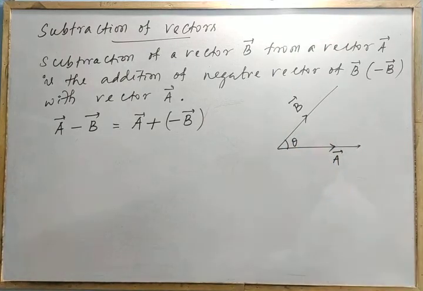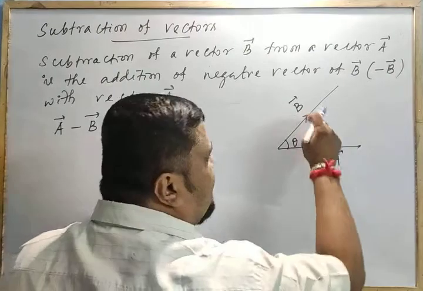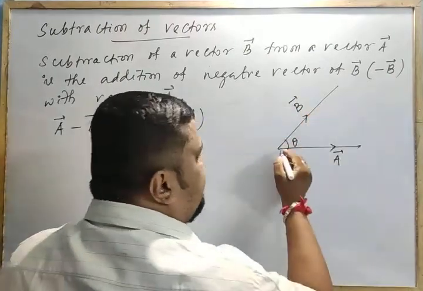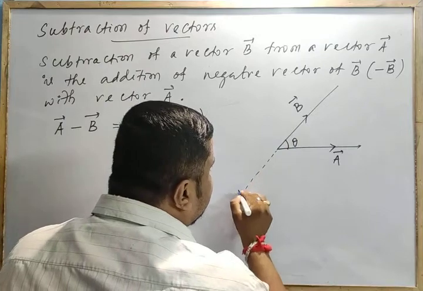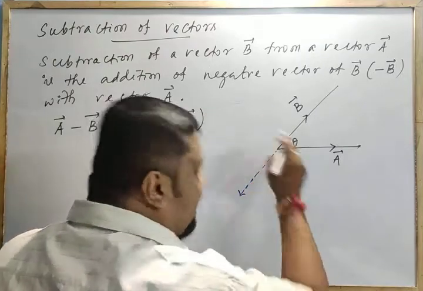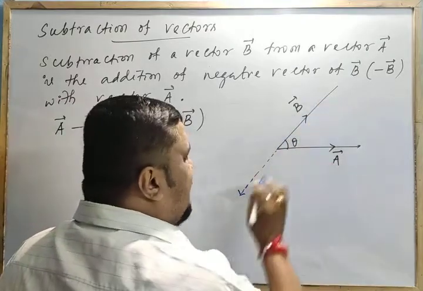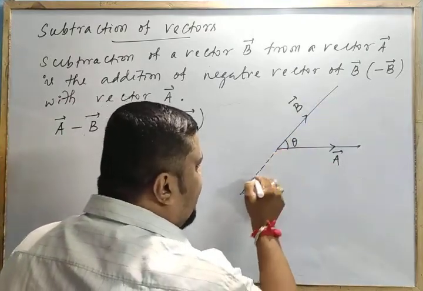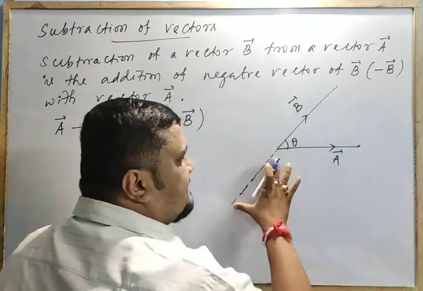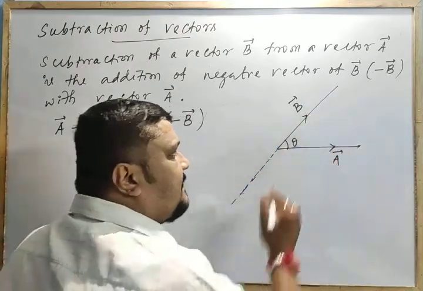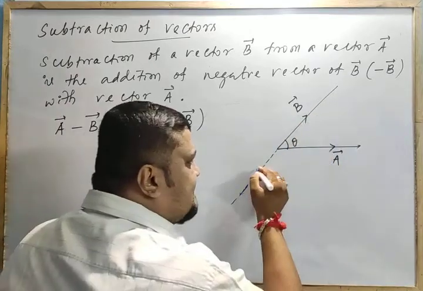If I do the subtraction, then what is minus B? Now A and B give R equal to A plus B. Now I am subtracting A minus B. I want to find A minus B. If B is this one, then take an equal length of it.